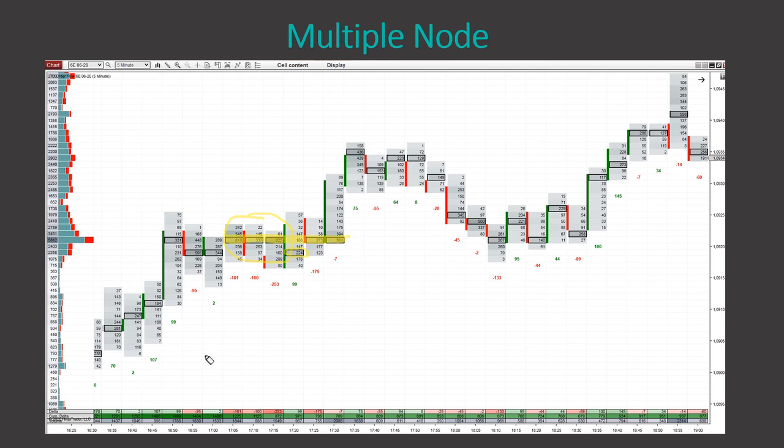Alright, so many nodes at the same price level means that the big guys were really interested in this price level. By the way, you can also see that on the volume profile in here. This was the daily point of control, and from that the price went upwards. This was in an uptrend, alright, so this is the trend scenario. Multiple candles above this support. Then there was a pullback and a long from there.